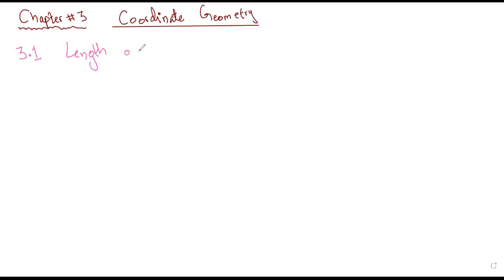Length of a line segment and midpoint. Okay, so this is what we will talk about.